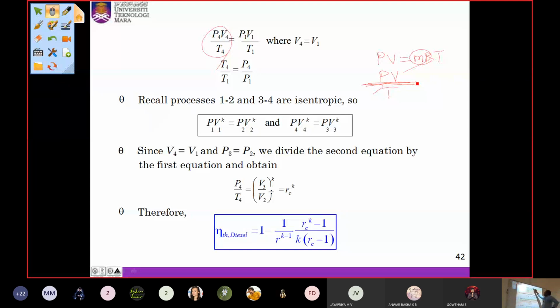So we know V4 is equal to V1 here, we can cancel these two. Then finally we have the equation T4 by T1 is equal to P4 by P1.